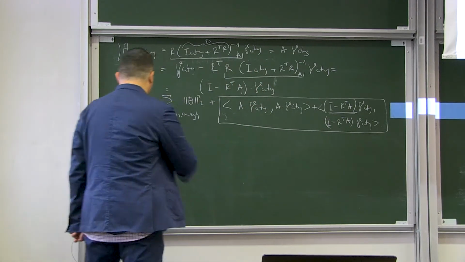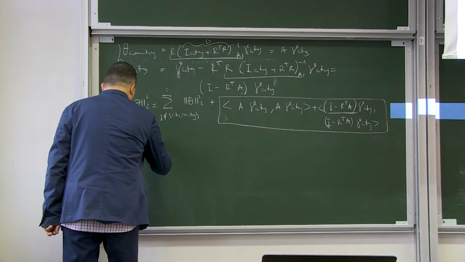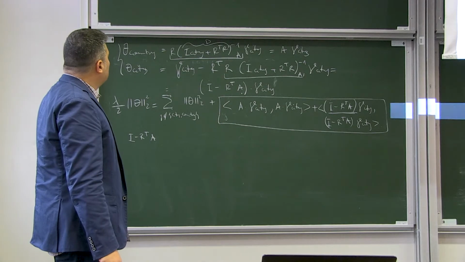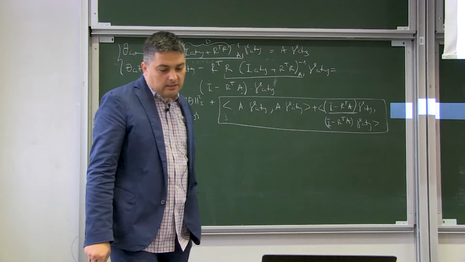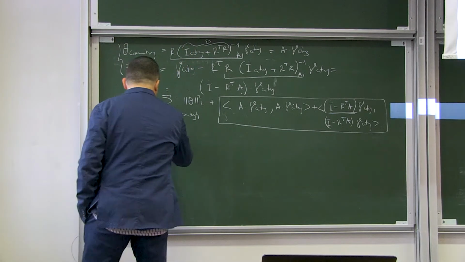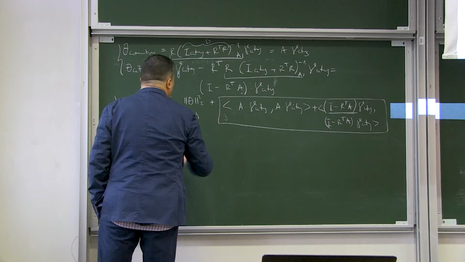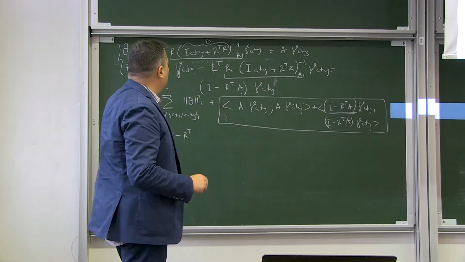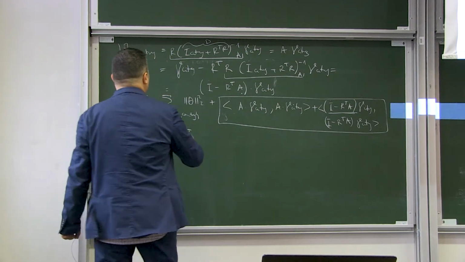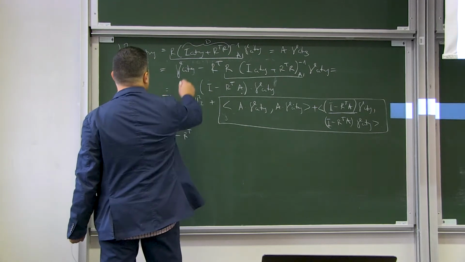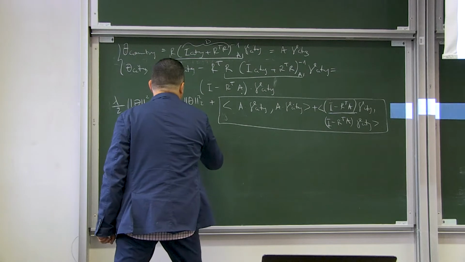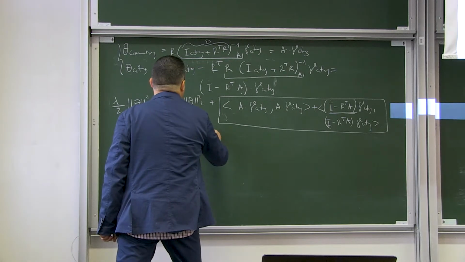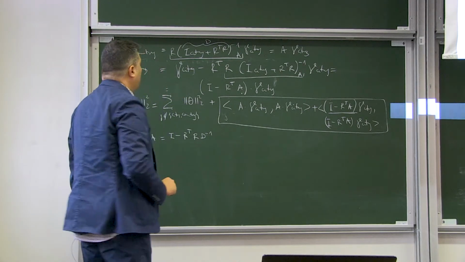I minus R transpose A. So I minus R transpose A would be I minus R transposed times A. A was R D minus 1, okay?